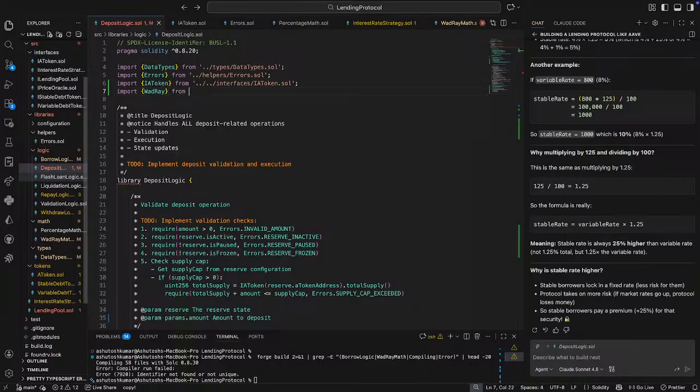From dot slash, move into mathematics section, math, slash WadRayMath dot sol.